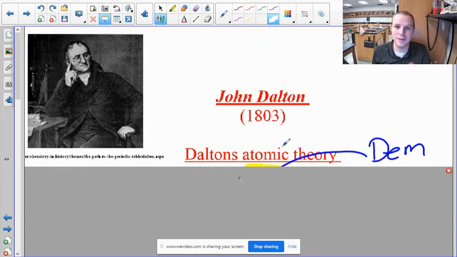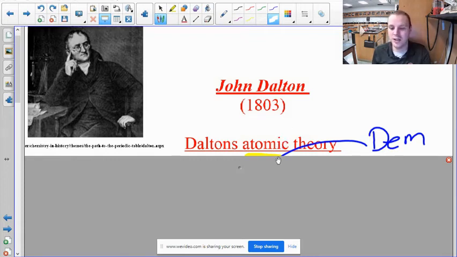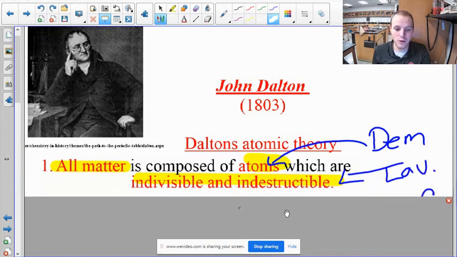Dalton's atomic theory. Now, there are 4 parts of Dalton's atomic theory, and some of them should sound kind of familiar. So part 1, all matter is composed of atoms which are indivisible, not invisible like you can't see them, indivisible, which means you can't break them into smaller pieces, and indestructible. So hopefully this is familiar to you, where you're like, okay, atoms, all matter is made out of atoms.